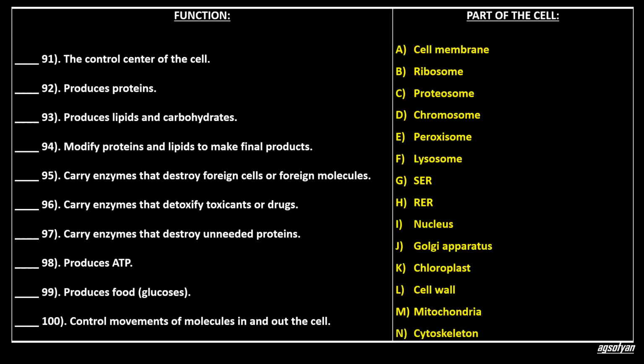Okay, 91. The control center of the cell. So this is talking about the organelles, the names and the functions. The one that controls the cell, or control center of the cell, is the nucleus. So look for the nucleus, which is this one, I. The one that produces proteins is going to be ribosome.